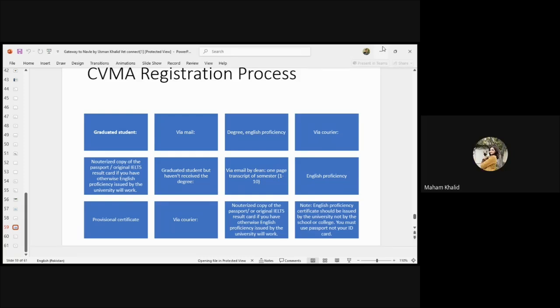Okay, and when it comes to grades, does the CGPA matter for the NAVLE exam? Okay, so you need to have a pass on your degree. That's enough.